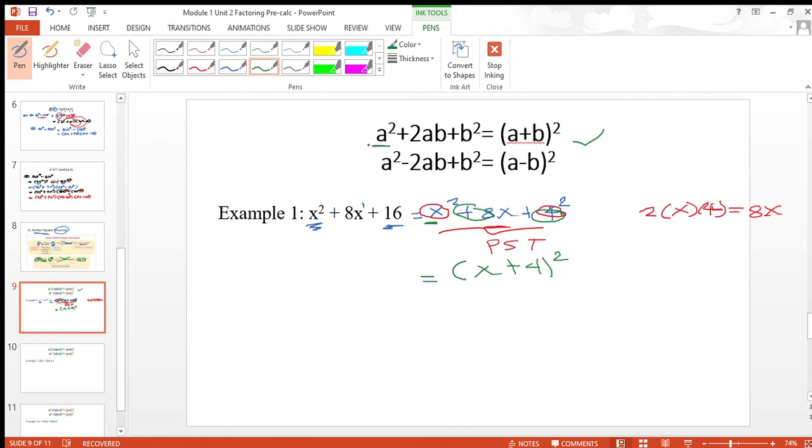First, you must always check if it's really a perfect square trinomial. Copy the base, copy the sign, copy the base, everything raised to 2.